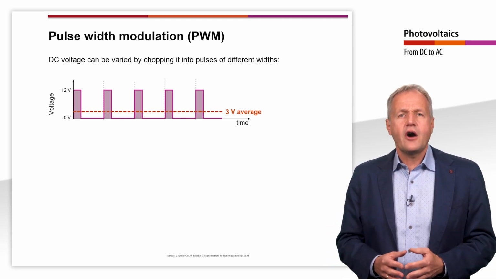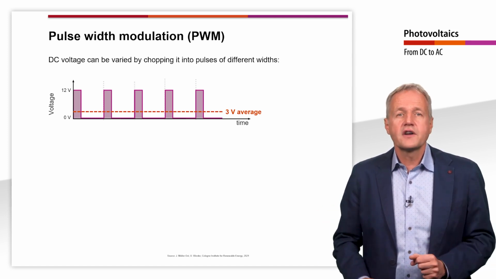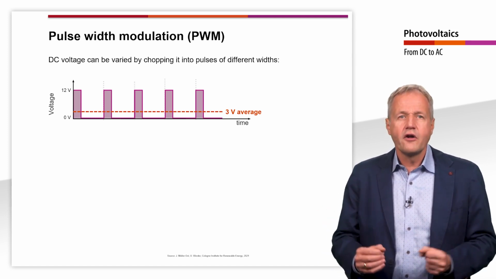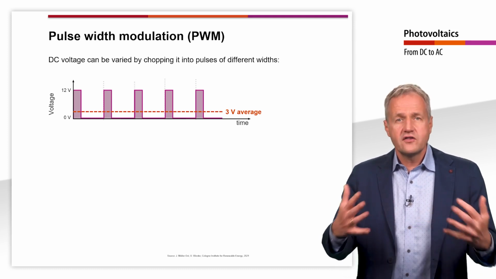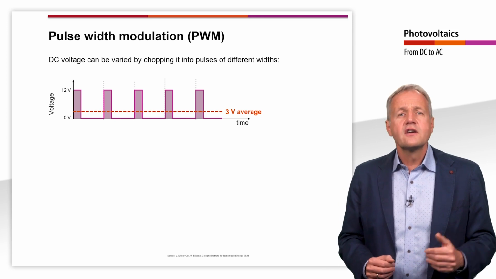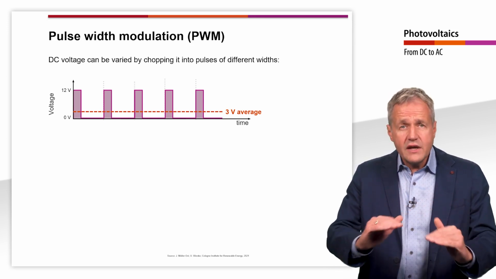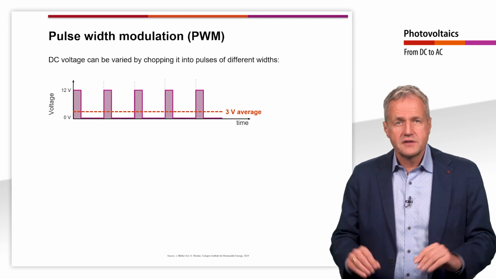Of course, the output signal still has to be smoothened in order to obtain a uniform voltage rather than a pulsed one. In the example shown here, a 12-volt DC voltage is converted into a 3-volt voltage on average.